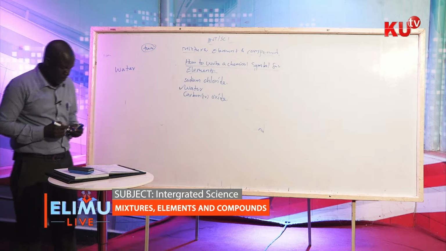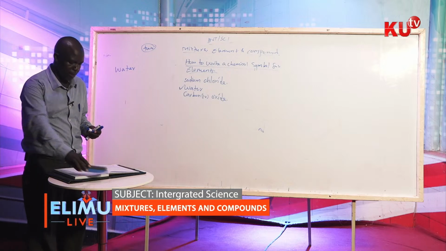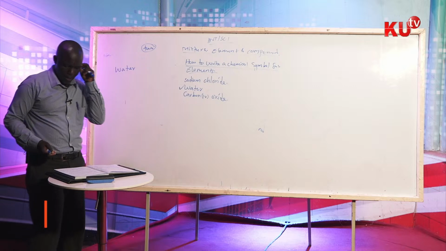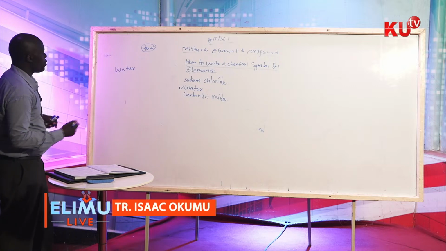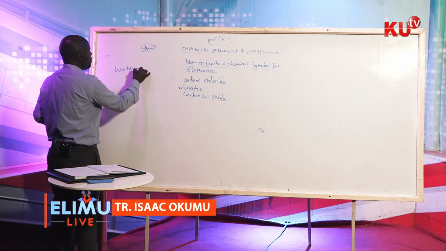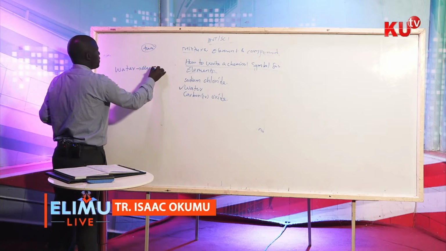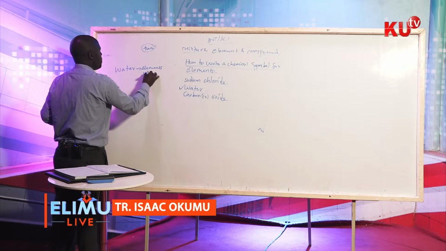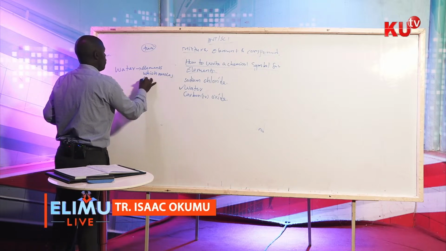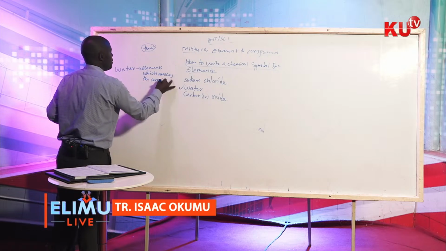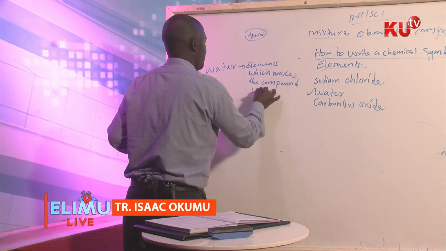When we want to write the chemical formula for water, we must be able to look at the individual elements which make up the compound water.